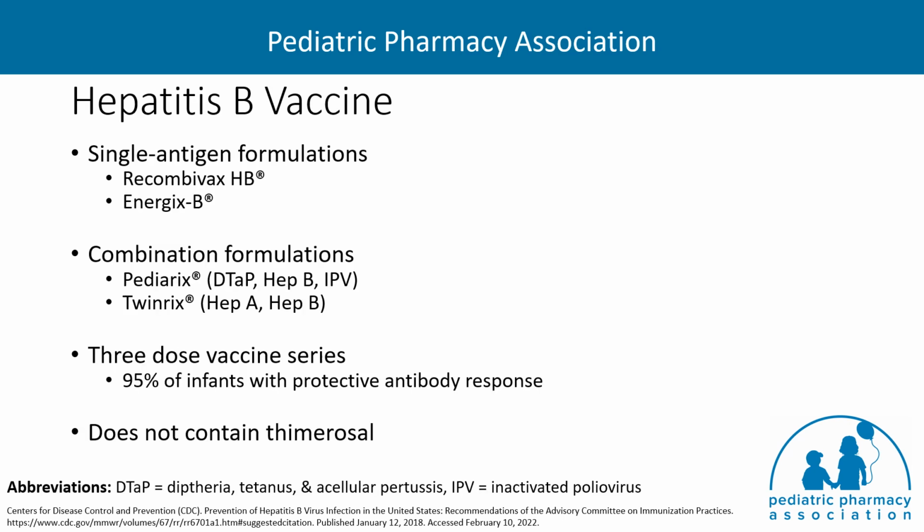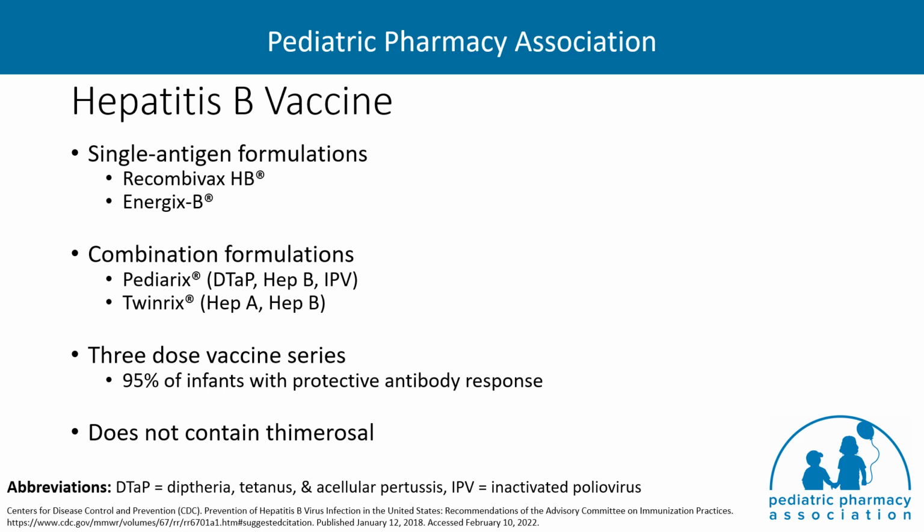As we wrap up our discussion about the hepatitis B virus, I wanted to take a moment to look at the available vaccine formulations. The single antigen formulations, Recombivax and Engerix, will be those utilized for the birth dose of hepatitis B, as they contain only the hepatitis B vaccine.